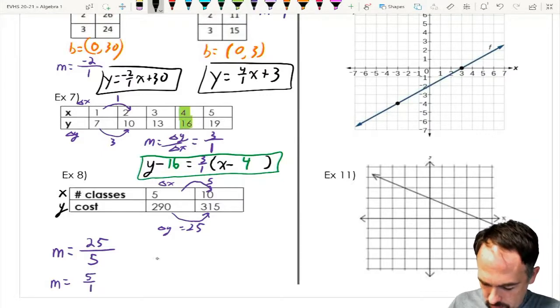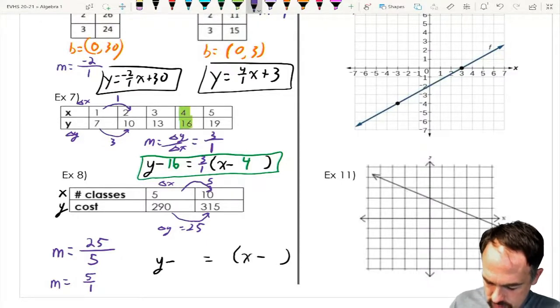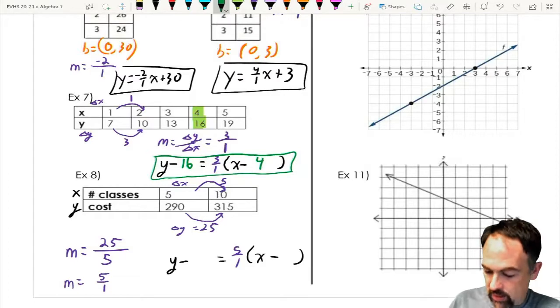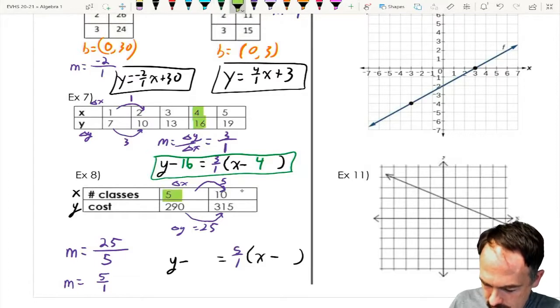Now, I'm going to go ahead and do my formula. Y minus y1 equals m times x minus x1. Slope goes in front, 5 over 1. And now, again, pick a point. It doesn't matter. Let's use this first one. Y minus the y coordinate is 10.